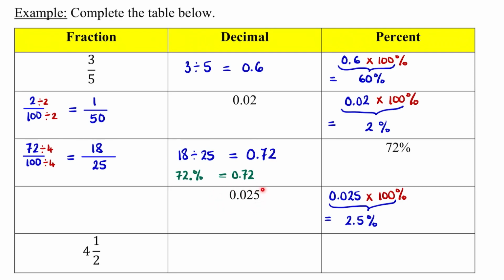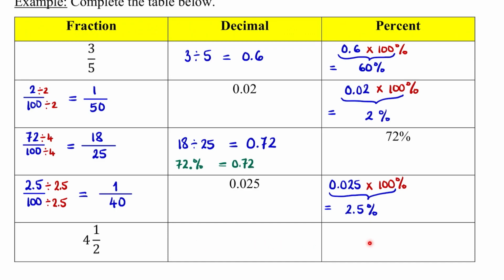Now, to convert that into a fraction, I'll take 2.5% and rewrite it as a fraction, which is 2.5 over 100. This fraction has a decimal in the numerator. A simplified fraction does not contain any decimal. To simplify this fraction, I am going to divide the numerator by 2.5 and the denominator by 2.5. 2.5 divided by 2.5 is 1, and 100 divided by 2.5 is 40. So I got 1 over 40.